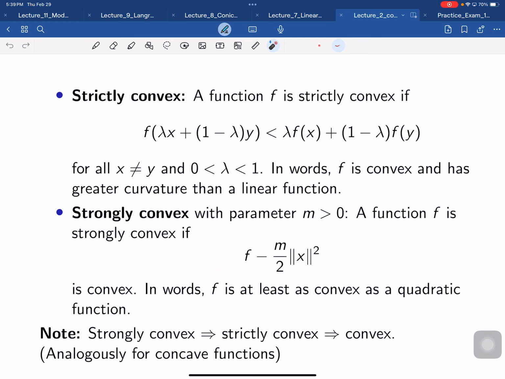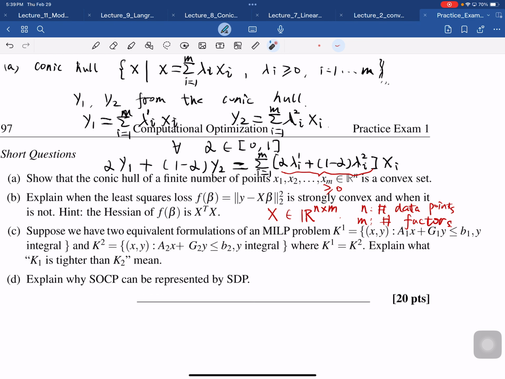In other words, f is at least as convex as a strongly convex quadratic function.